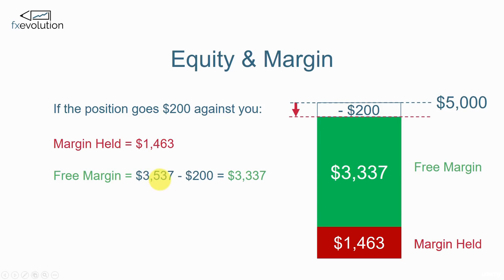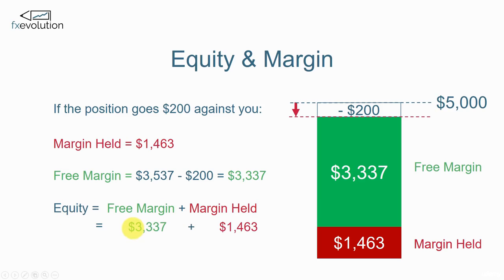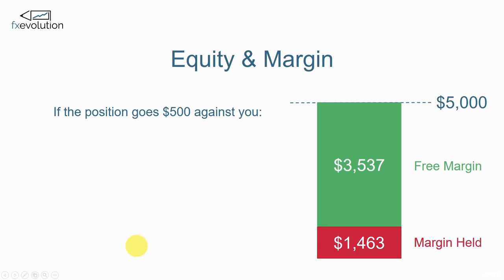So if we take our initial free margin and minus the $200 that we're currently down, that will give us a total free margin of $3,337. This would mean that if we were to close the position currently, we could calculate our equity as free margin plus margin held, which would mean that if we close the position currently, it would be $4,800.